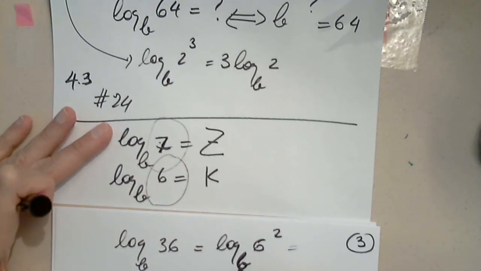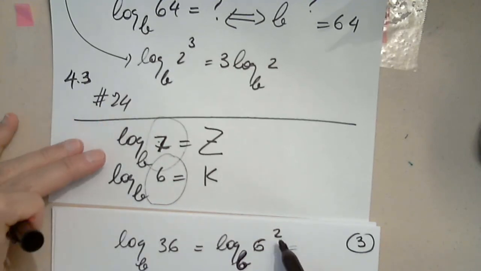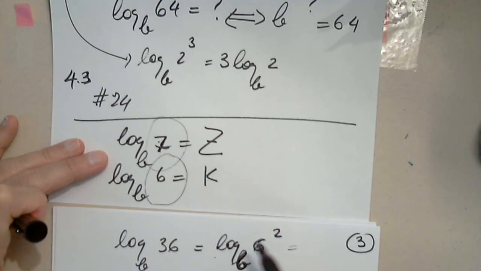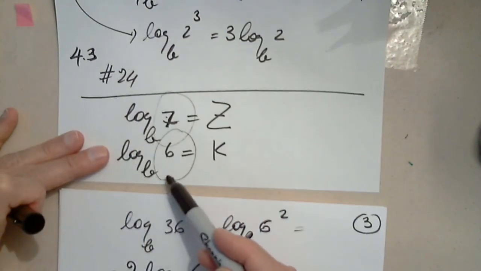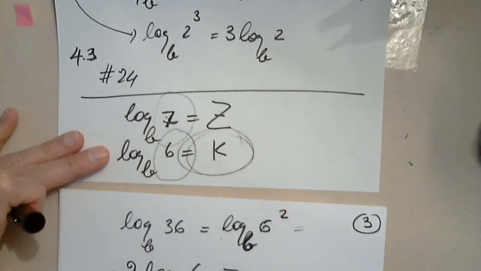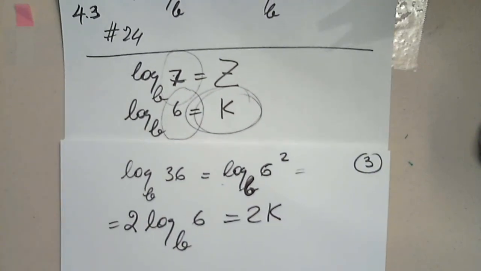By one of the properties of the log function, the exponent goes in front. It's the power rule. So this is twice log base b of 6. But I am given log base b of 6 to be k. So this is 2k. So the answer is 2k?